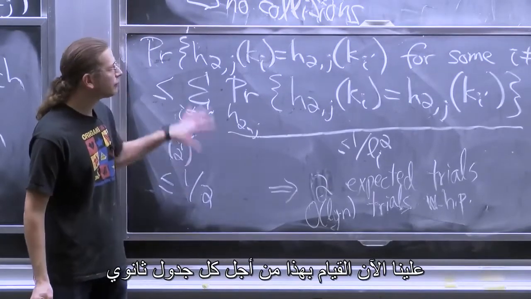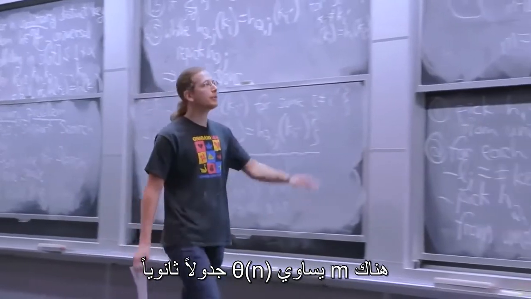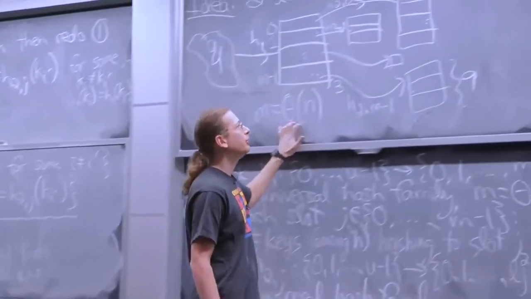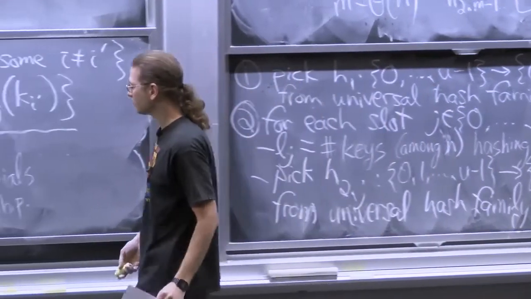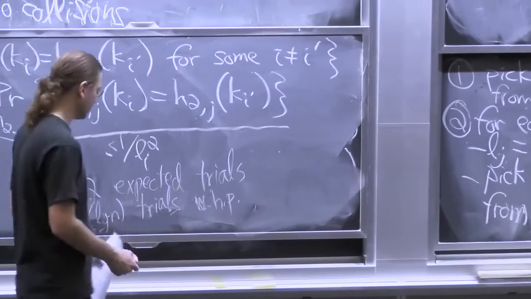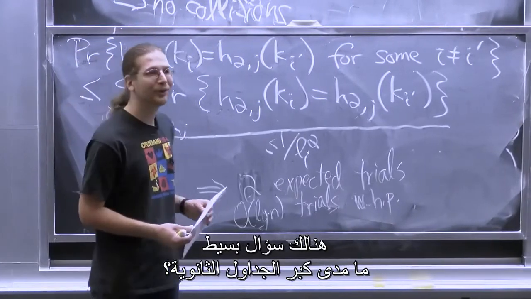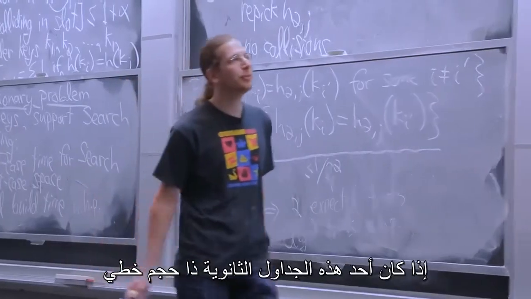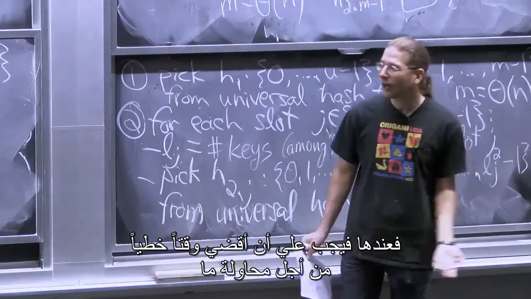OK, now we have to do this for each secondary table. There are m equal theta n secondary tables. And there's a slight question of how big are the secondary tables? If one of these tables is like linear size, then I have to spend linear time for a trial.